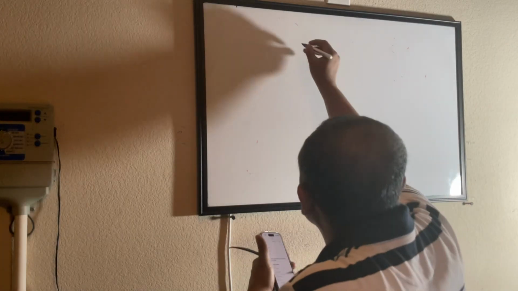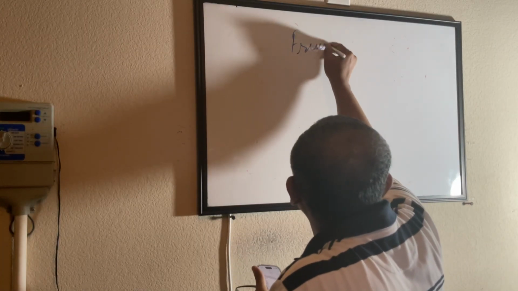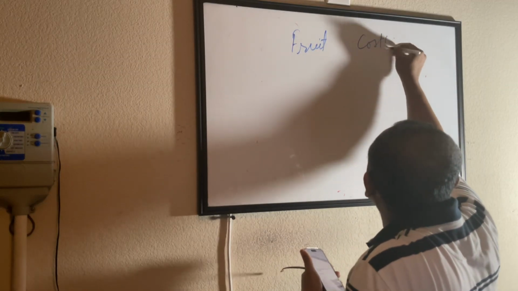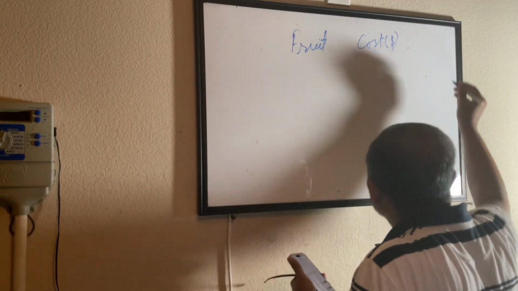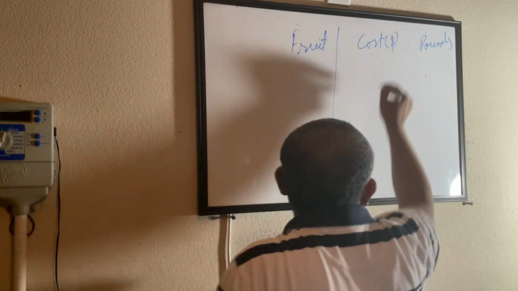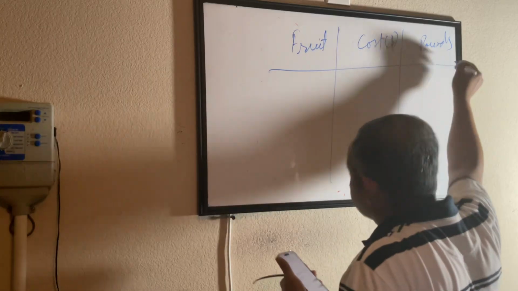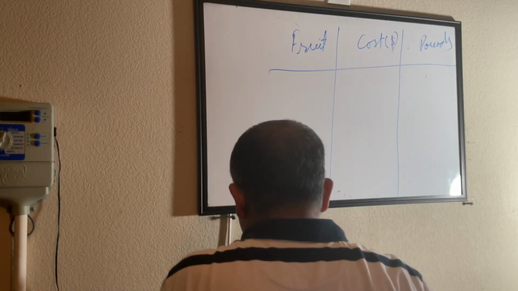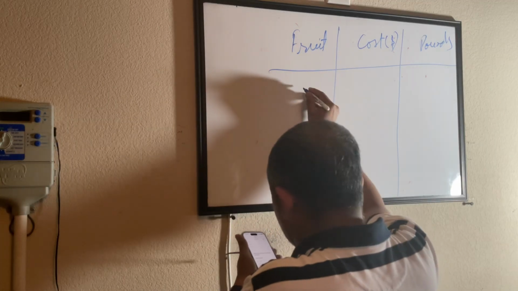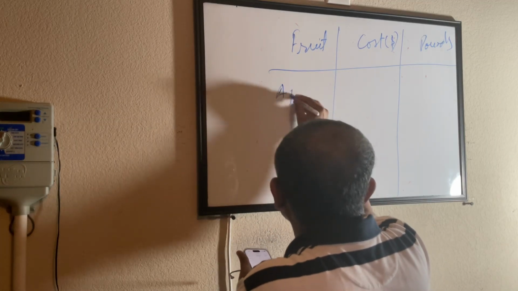The first one goes like this. I have a table, okay? It says fruit, cost in dollars and pounds. I hope everybody can see the board, okay? And mute yourself and say, because I'm not looking at the screen, so I'll only understand what I hear.